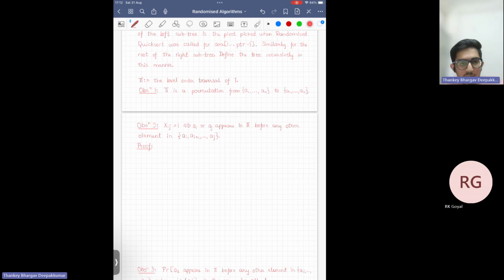Do you have a question about this? Actually, this observation is not clear. Xij is equal to 1 only when we are comparing i and j. So what does it mean that Ai or Aj appears in the traversal before any other element in this set, Ai to Aj?